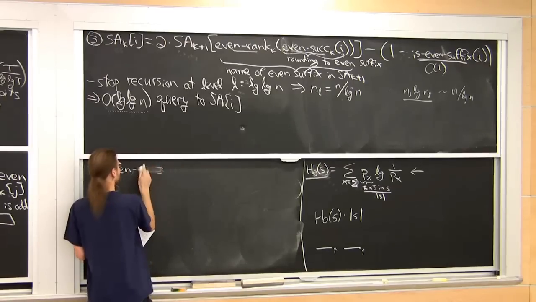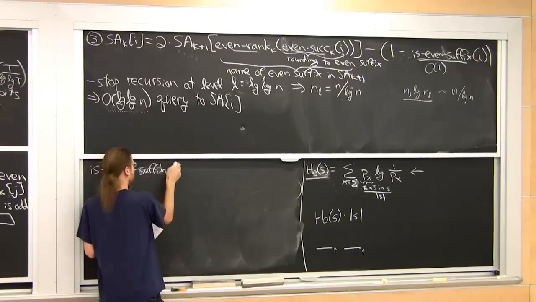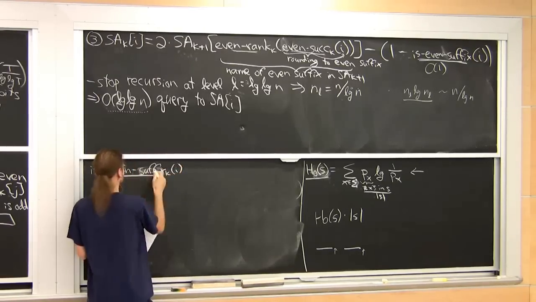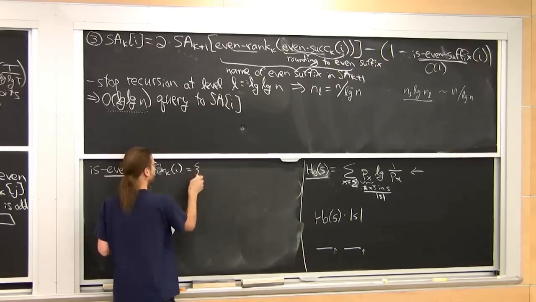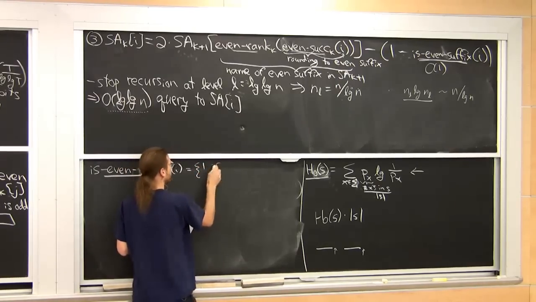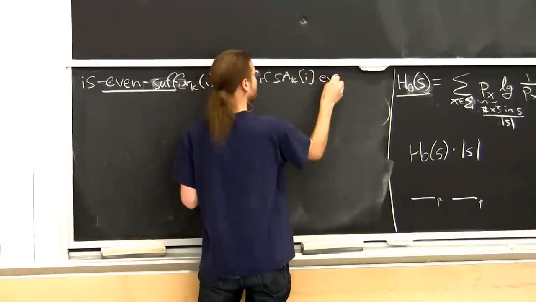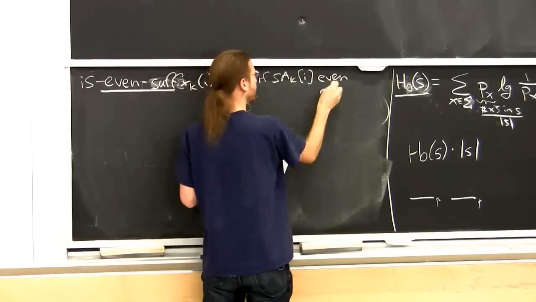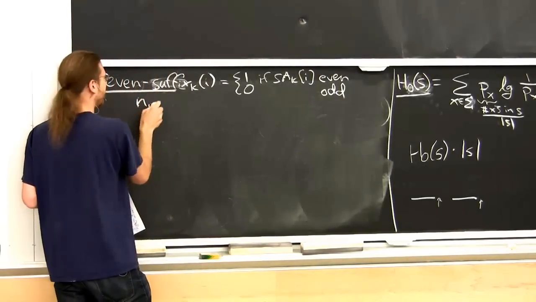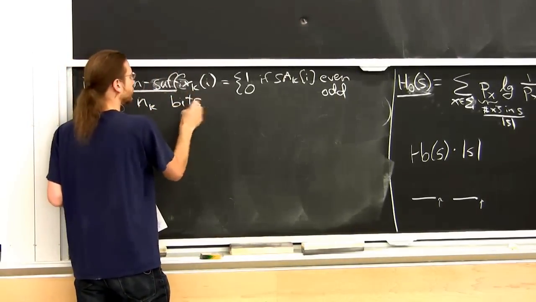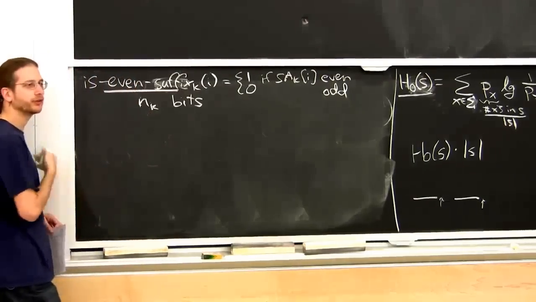Sorry, is even suffix. We're just going to store this as a bit vector. This is 1 if, say, k is even, 0 if it's odd. So if we just store that as a bit vector, this is n_k bits. That we can afford, because this is a geometric series. It's going to be order n.